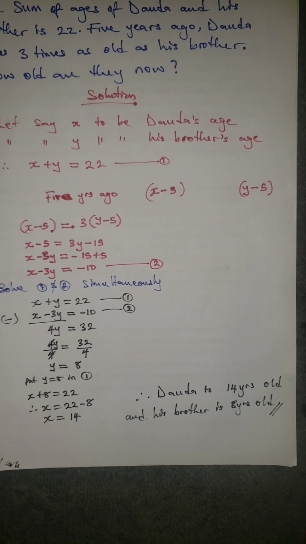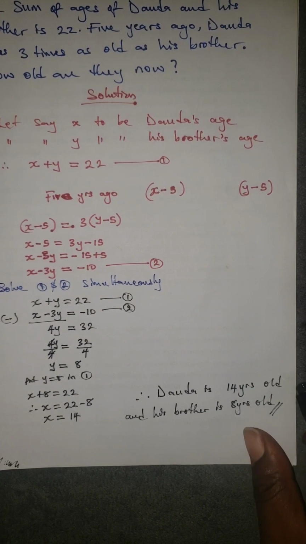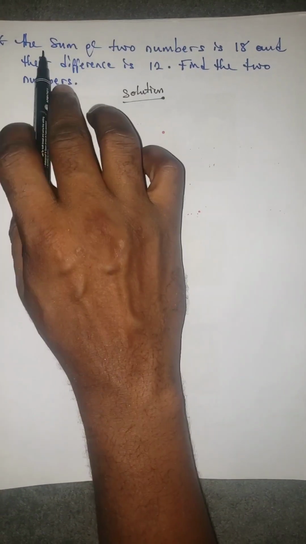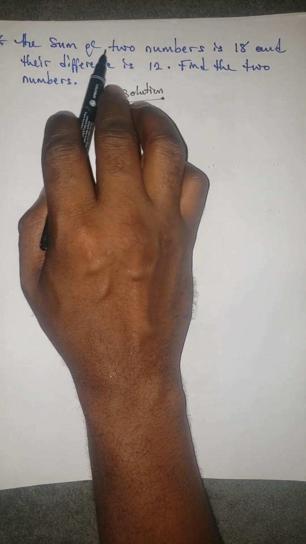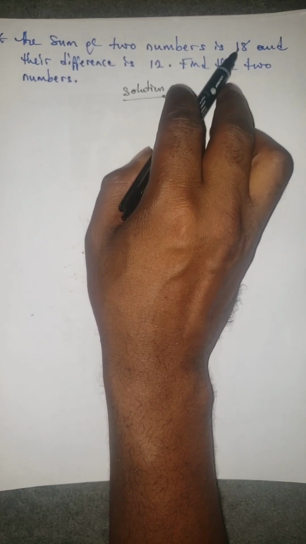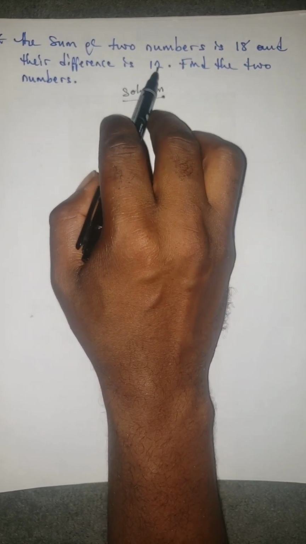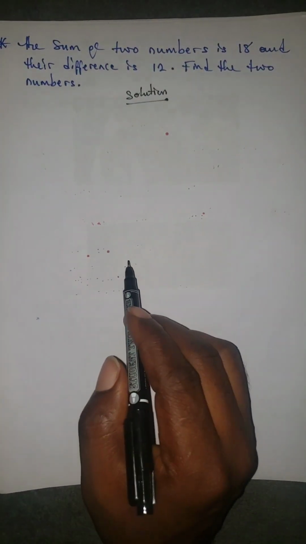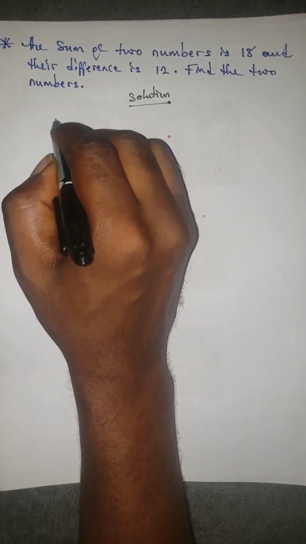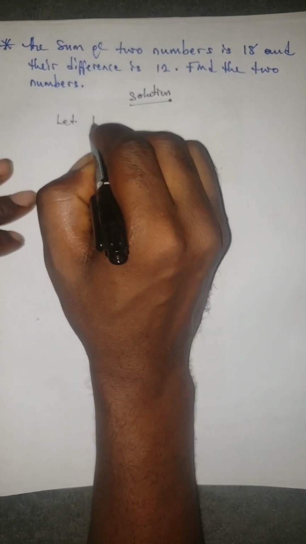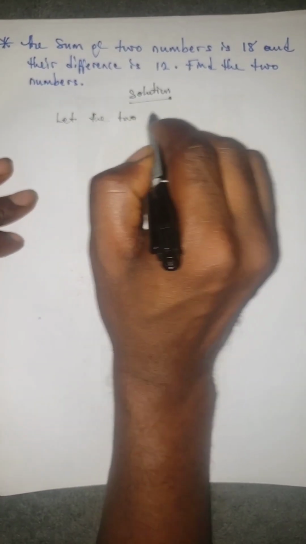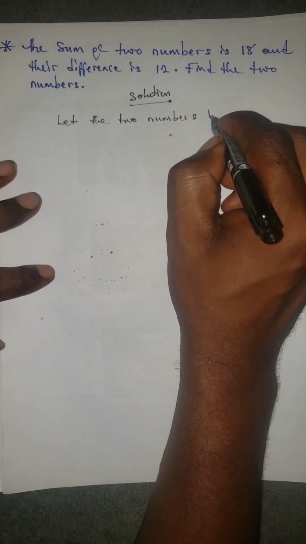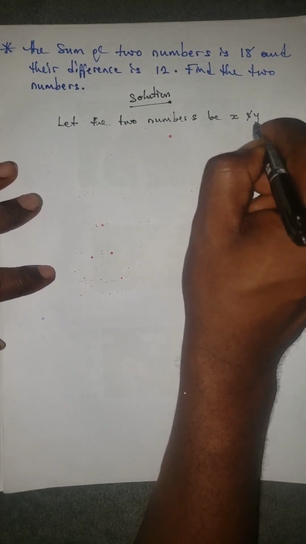Okay, so let us look at more examples on this. The next question says that the sum of two numbers is 18 and their difference is 12. Find the two numbers. We first of all assign variables to our two numbers. Let the two numbers be x and y.